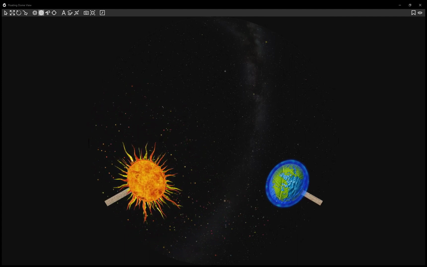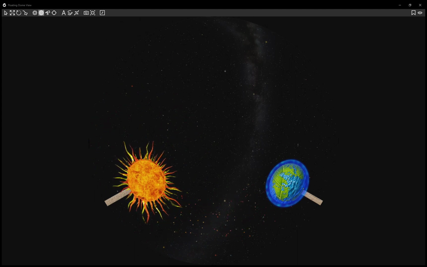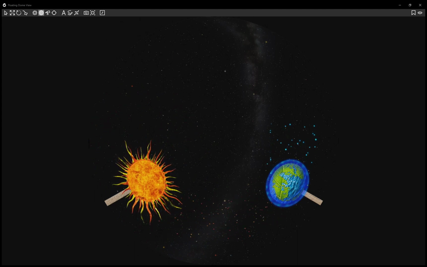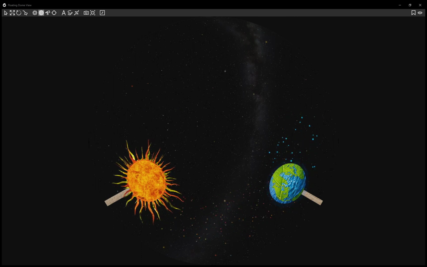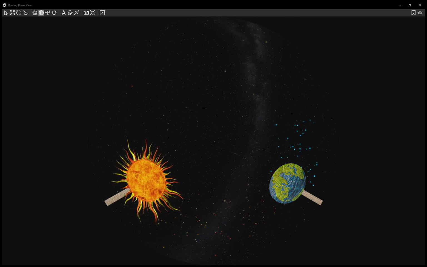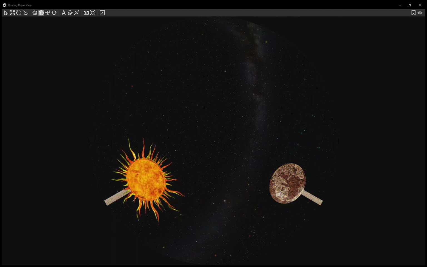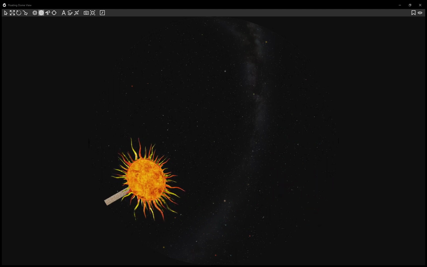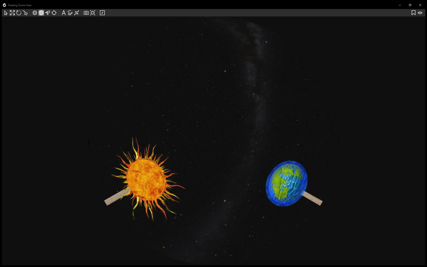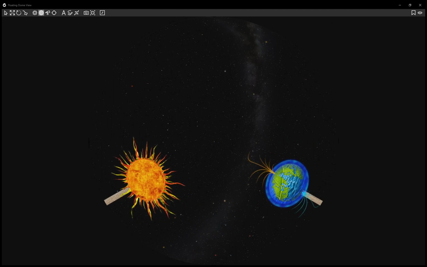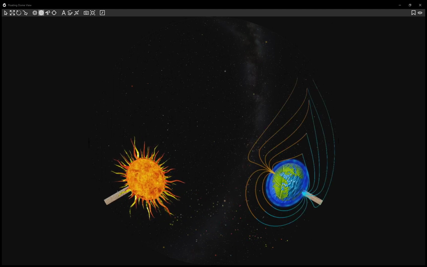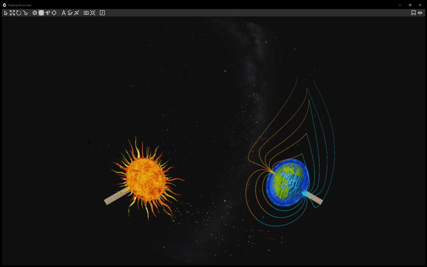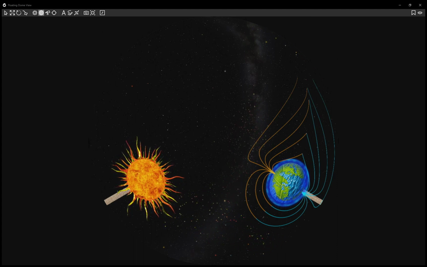If the particles that make up the solar wind reached Earth's atmosphere, they would gradually strip it away, leaving Earth airless and unable to support life. Luckily, the Earth has a strong magnetic field that acts like a shield. It deflects most of the particles from the solar wind.